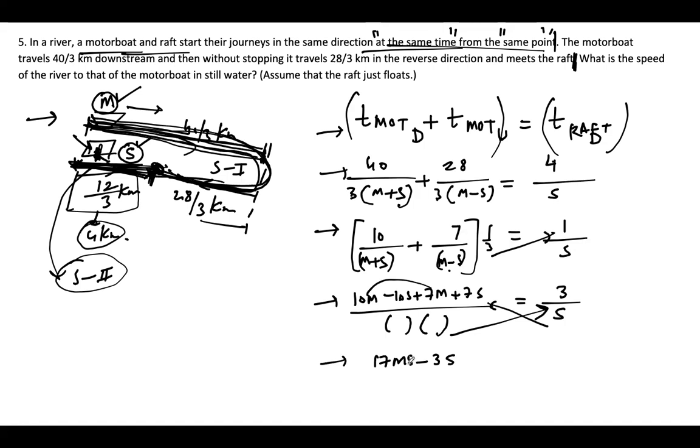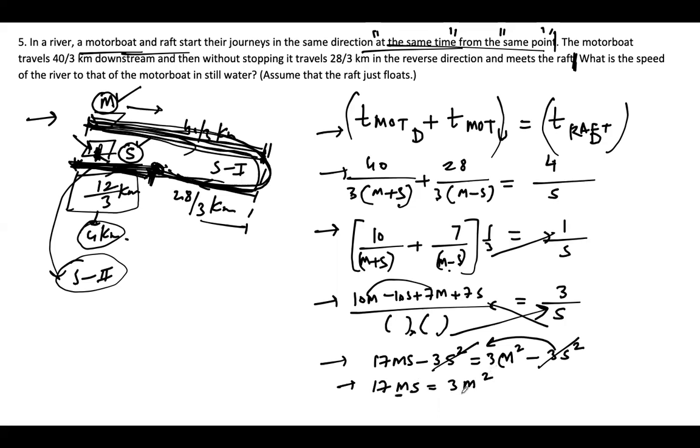Multiply by s, so you get 17ms minus 3s square. And m plus s into m minus s is m square minus s square, which times 3 is 3m square minus 3s square. If I take this to the left hand side, the 3s square cancels. And you have 17ms equals 3m square.